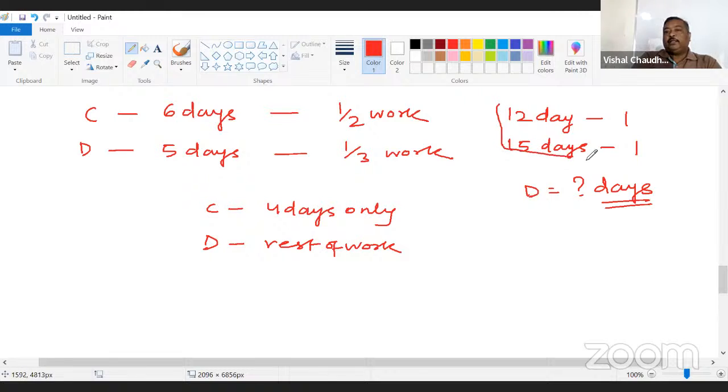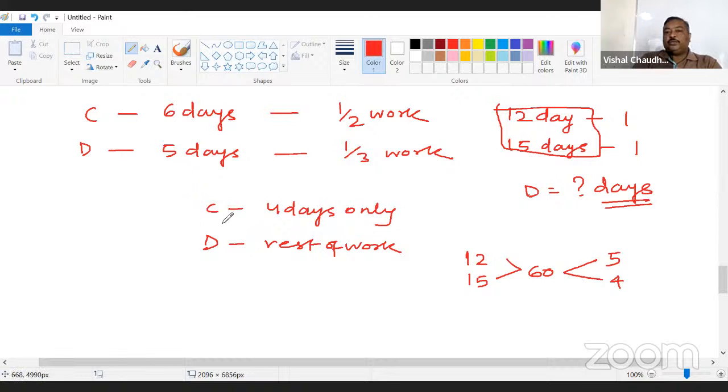So we will take these units for C and D. Now let's pay attention. 12, 15, LCM is your 60, 15 times 4 is 60 and 12 times 5 is 60. So we have 5 units per day and 4 units per day.